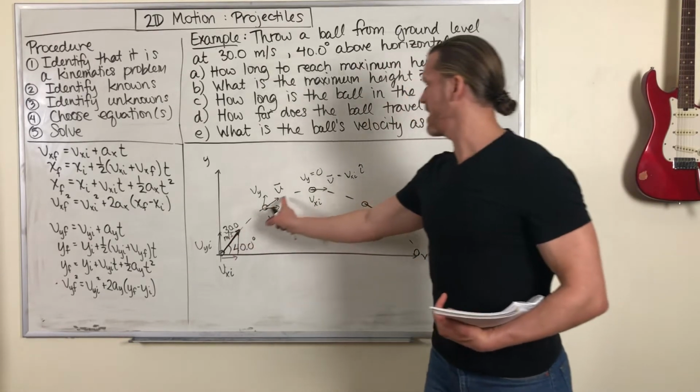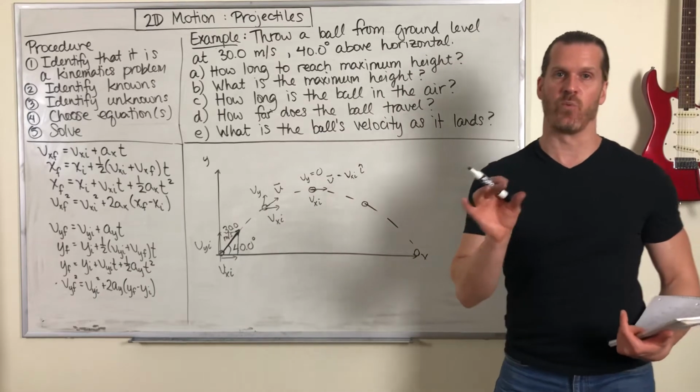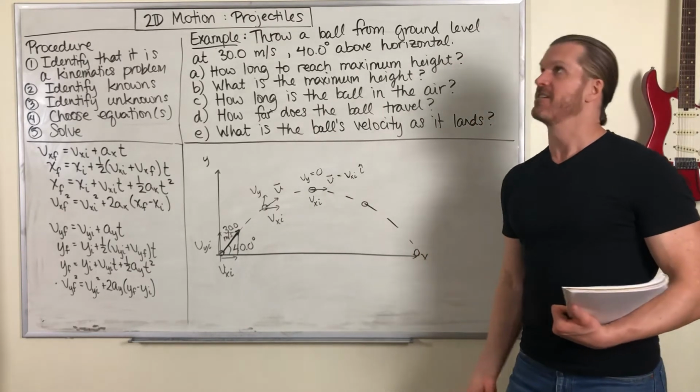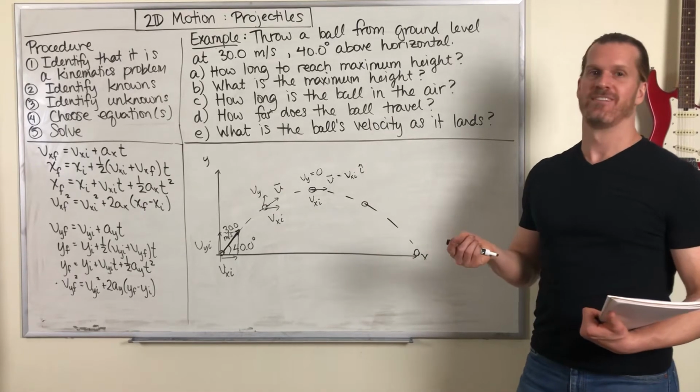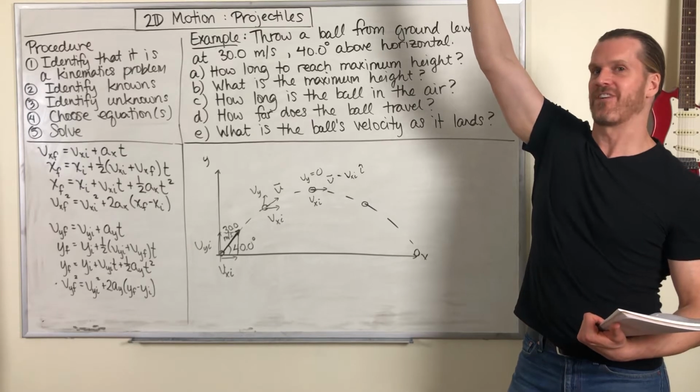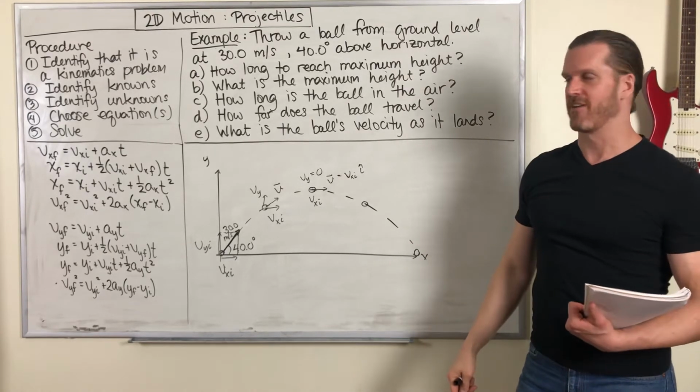So what happens at the maximum height is that the y velocity momentarily goes to 0. You have gone up, and then at the very peak, that y velocity stops, and then it comes back down.